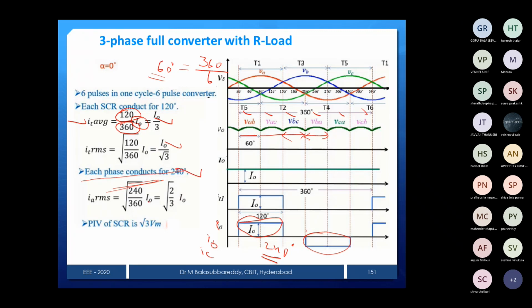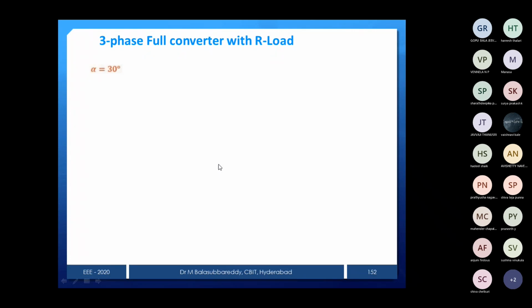So 240 by 360 into I0 will give the RMS phase current, and earlier it was the thyristor current. Now the peak inverse voltage is root 3 into Vm. This is the case of alpha equal to 0 degrees. Similarly for alpha equal to 30 degrees, 60 degrees, 90 degrees, with R load and RL load, everything will be similar.